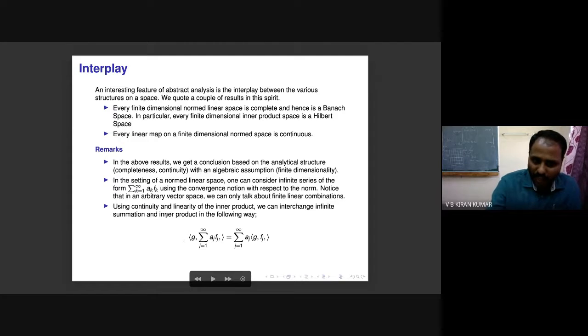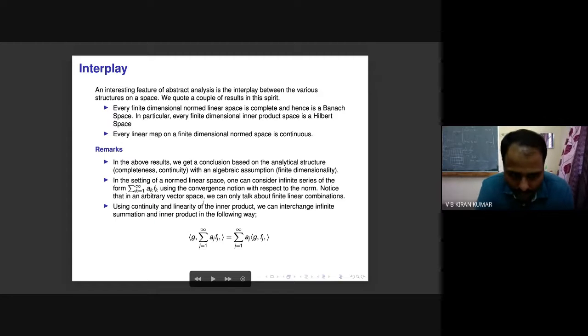So an infinite linear combination like this can be considered in a normed space, using the convergence notion with respect to the norm itself. But in an arbitrary vector space, you can only talk about finite linear combinations. So that's a major difference when you move from a vector space to a normed space. Some convergence criteria come into the picture.